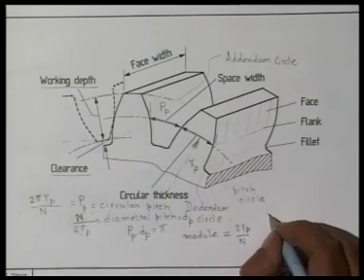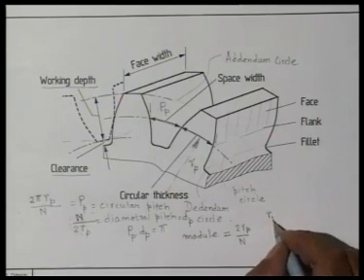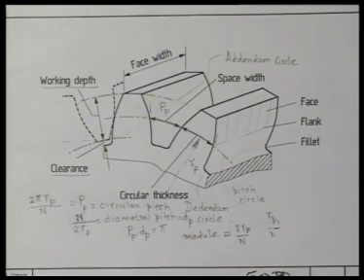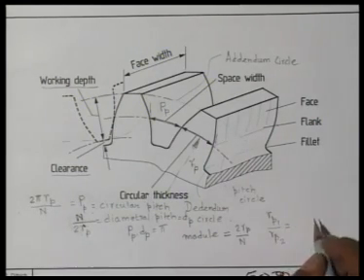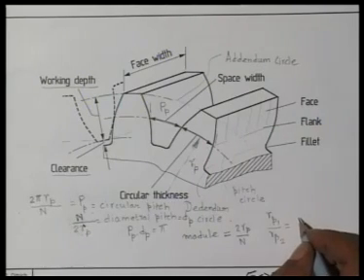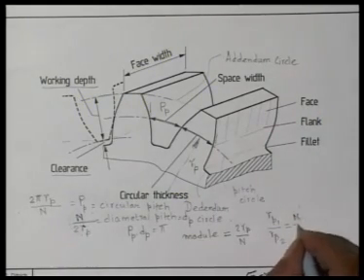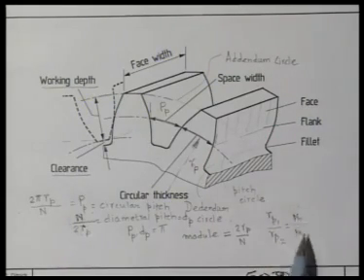That means Rp1 by Rp2, as Rp by n is constant, is n1 by n2. Rp1 by Rp2 is n1 by n2.